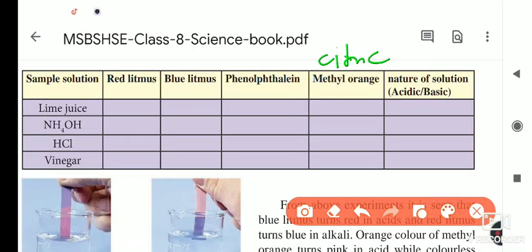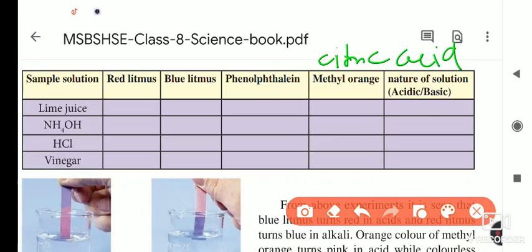Citric acid. Okay, so it is an acid. According to that, I am telling you the nature first, because we are not in the lab. If you are taking lime juice, it is acidic in nature, as all of you know.